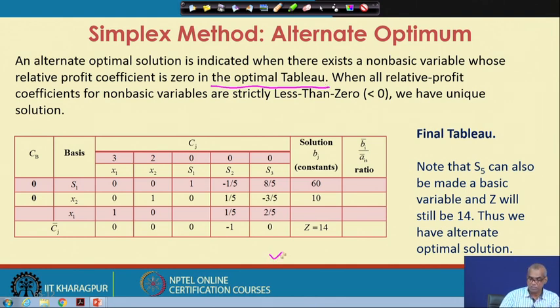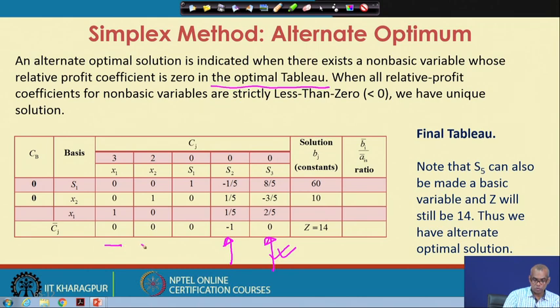So, this is an example of a final optimal tableau. Your non-basic variables are S2 and S3.